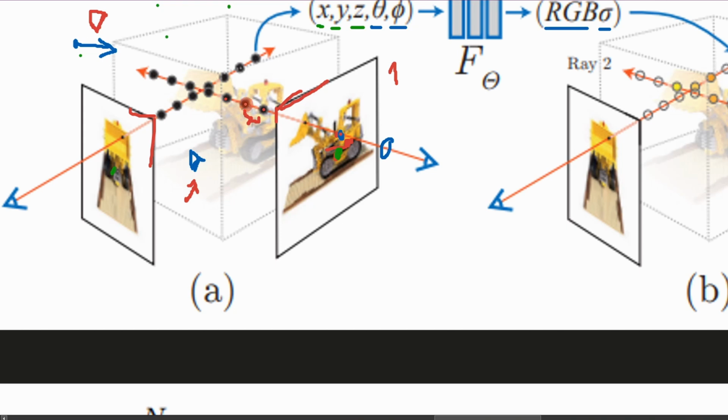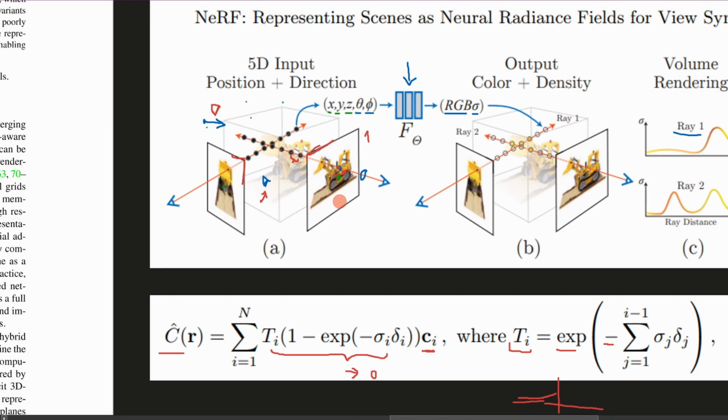That's a single forward pass times n, because we have n points sampled along the ray, in order to get a single pixel in the image space. And we have to repeat that for every single pixel in the image space. So you can imagine that's time intensive, okay?